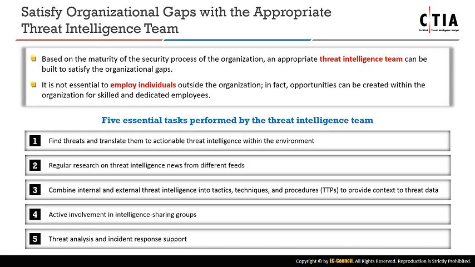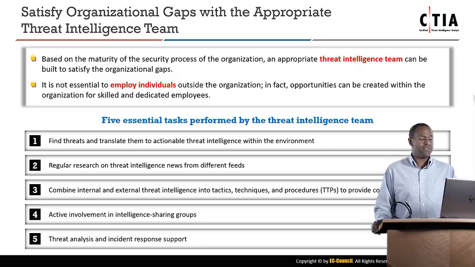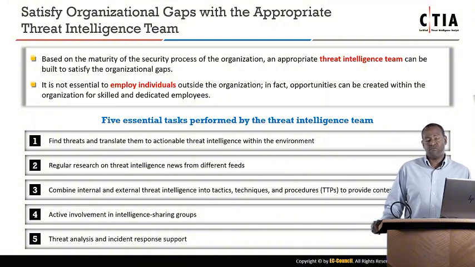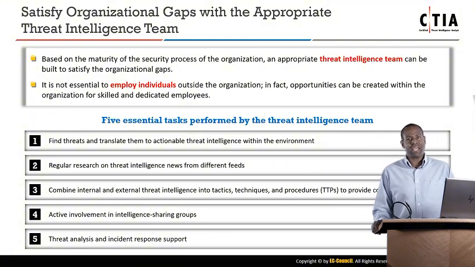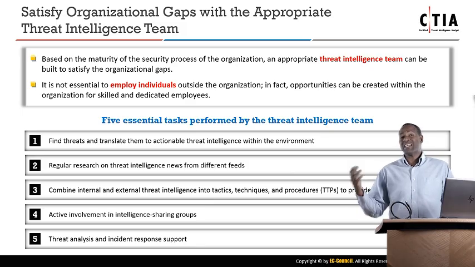So let's look at satisfying organizational gaps with the appropriate threat intelligence team. Depending on the maturity of your organization, you're going to need to look at getting together an appropriately staffed threat intelligence team. This can be a very good way to satisfy some of the gaps you may have in that organization. It's not essential to employ individuals outside of the organization.